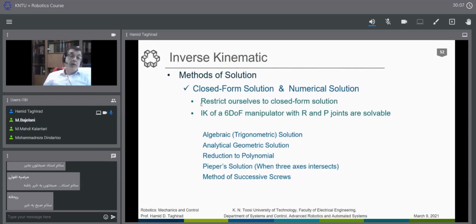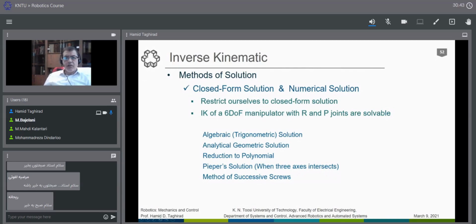So we need this inverse kinematics in the loop, where we should run it with a very fast sampling time, at least 1 millisecond, if you would like to implement it in a robot. And a numerical solution, which is much easier to obtain, since it is usually an iterative method, usually takes longer than we would like.